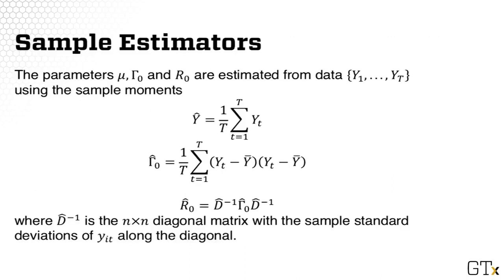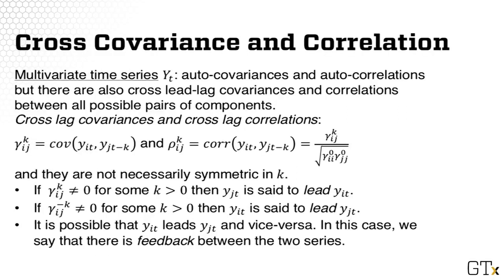We can estimate the mean, contemporaneous variance-covariance, and correlation for a multivariate time series using the sample data. For the mean vector, we estimate each mean in the vector by the average of the time series corresponding to the mean. For the contemporaneous variance-covariance matrix, we can use a sample covariance estimator as provided on a slide.